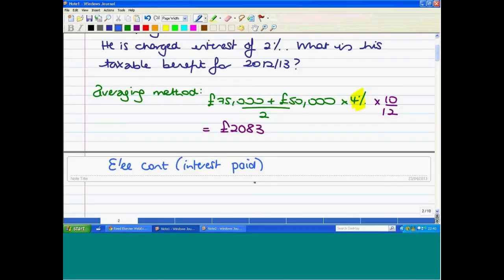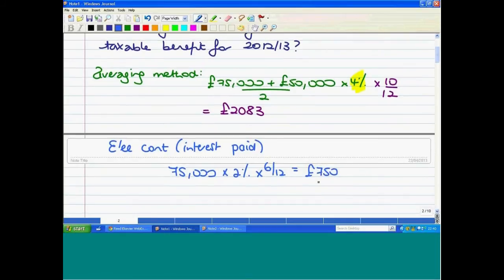Now, if he was owing £75,000 originally, so he took the loan out in June and he didn't pay anything off until December, so he's got a 6-month period where he owed £75,000. So if he's paid 2% for those 6 months, he would have paid £750. Okay, quick bit of math.